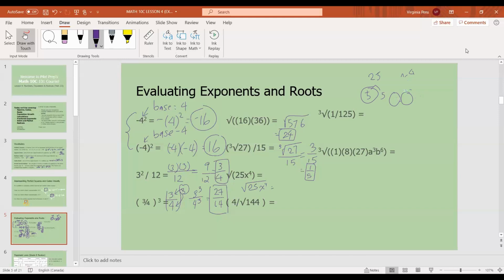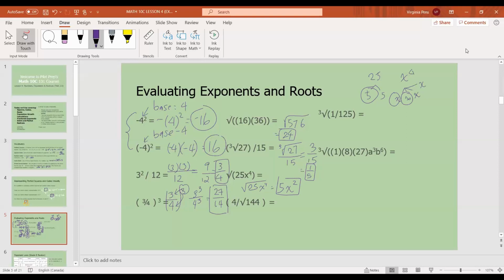I don't know if this makes sense or not, but you'll see what I mean later when we talk about roots more. So I'm going to bring it out from under the square root. I'm going to bring out a 5 and also an x squared. This will give me 5x squared.